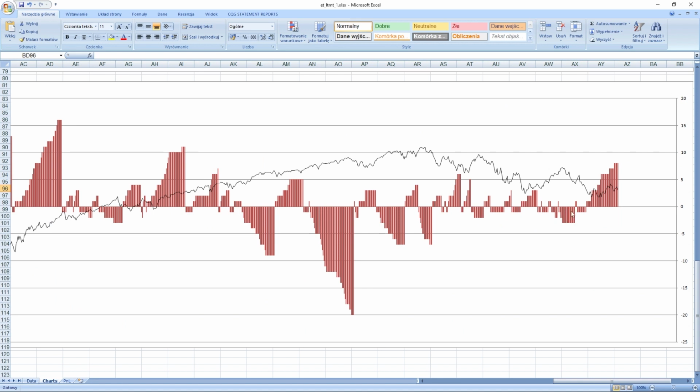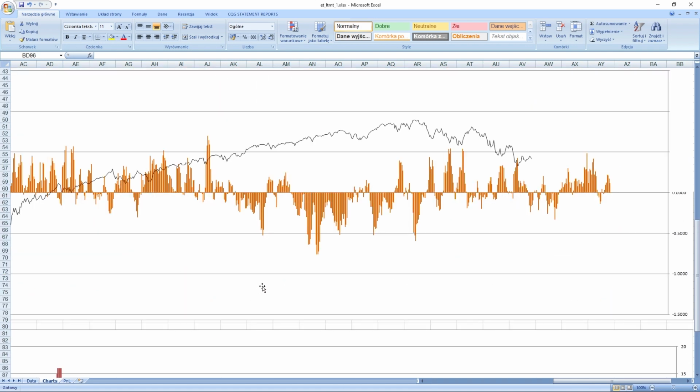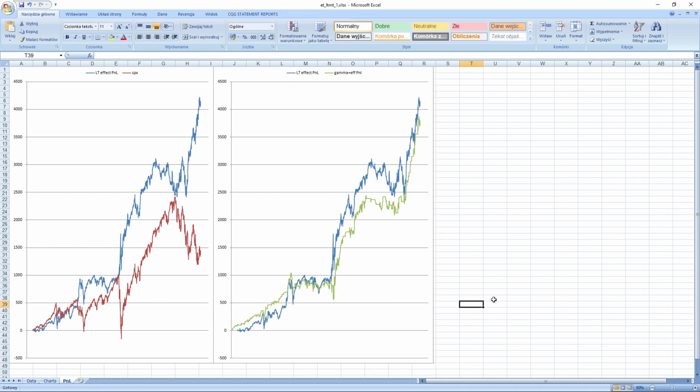So once the gamma is above zero and long-term speculators are above zero, then we go long, and when the gamma and the LT are below zero, then we go short. So these two components have to be in the same direction. If you look at the green line, you will see that it's pretty much the same, but there is a bit less volatility in this strategy.